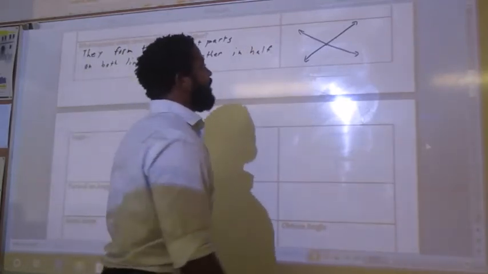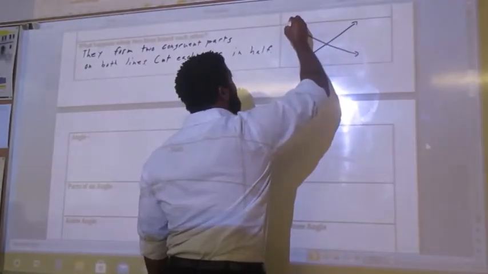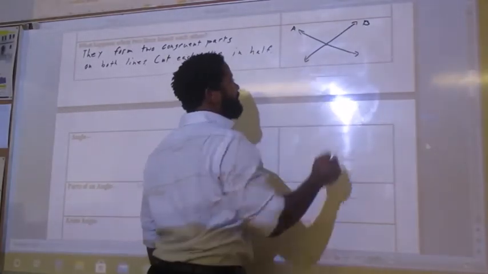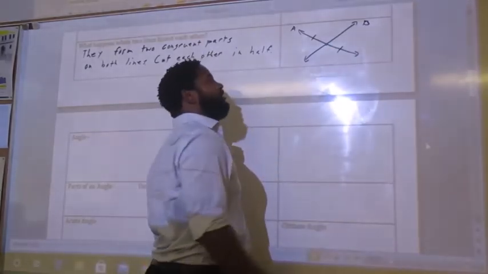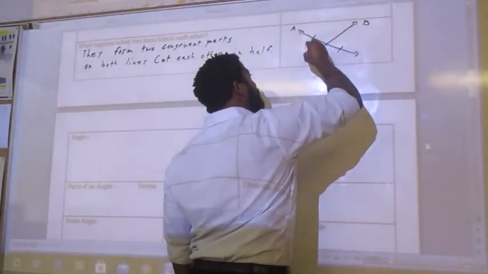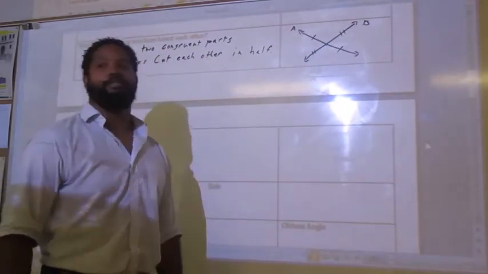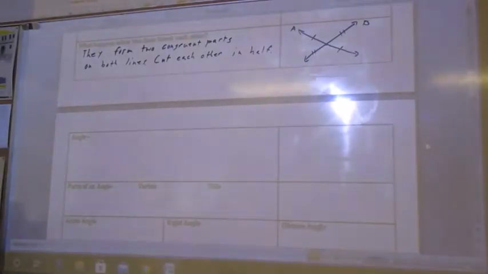They cut each other in half. What does this mean? That means this line right here, let's say this is line A, this is line B, okay? Line A gets cut into two congruent parts. Line B gets cut into two congruent parts, okay? This is what that looks like when two lines bisect each other, okay? We're gonna go over the midpoint in a few.